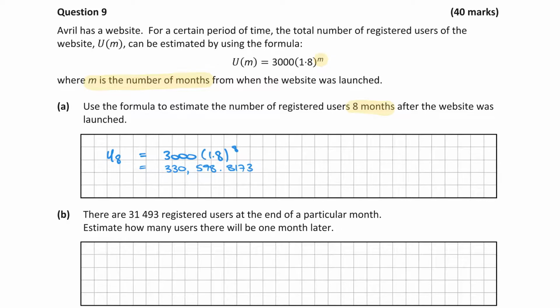Obviously, you can't have 0.817 of a person, so we'll just round that off to approximately 330,598 users. And the reason why I rounded off is because these all represent users. There's no such thing as 0.8 of a user.